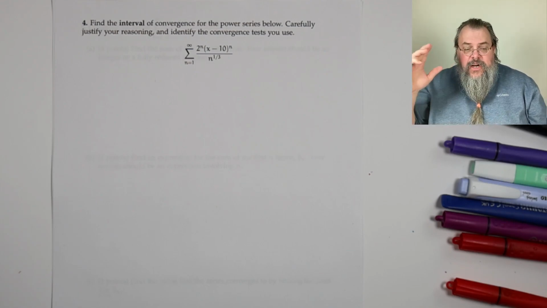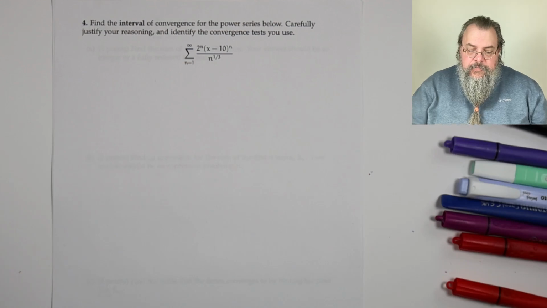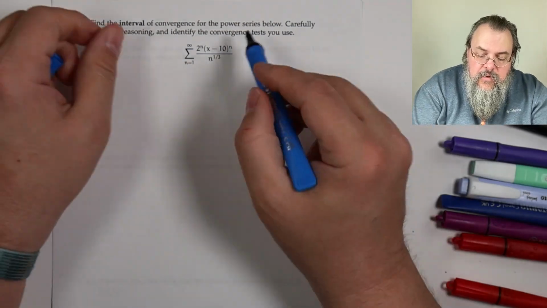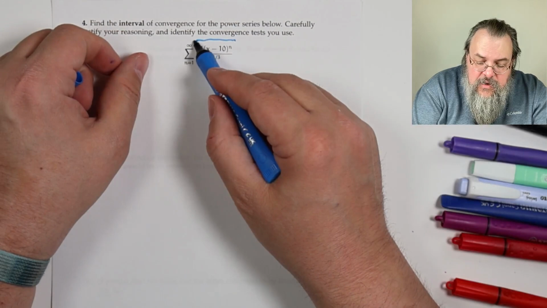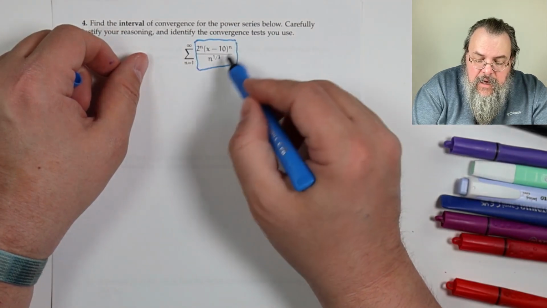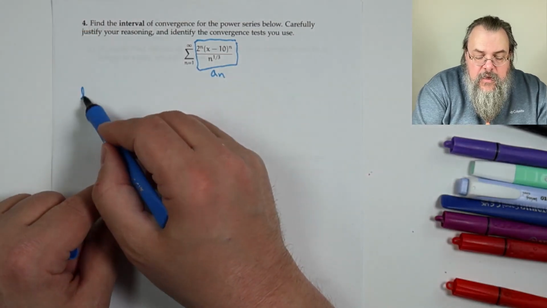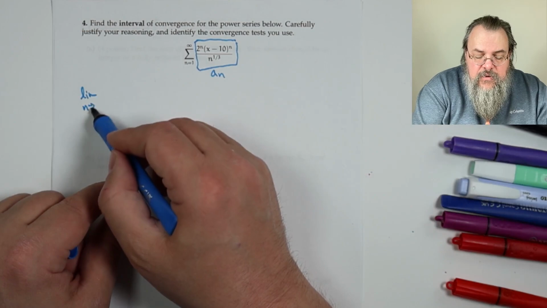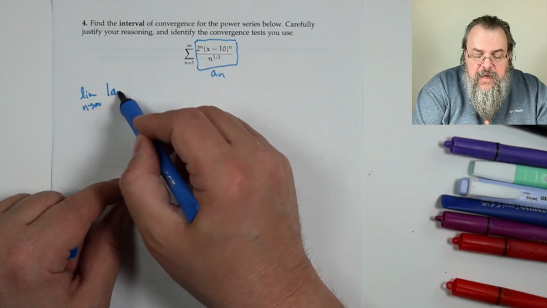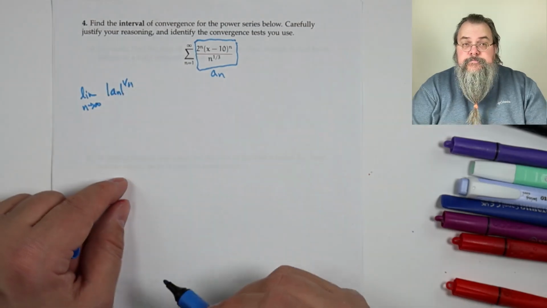Okay, so we're going to channel our inner root test mentality. We look at this and say, let's think of this thing right here. We'll call it a sub n. And we're going to start by saying, what's the limit as n goes to infinity of the absolute value of a_n to the 1 over n power?